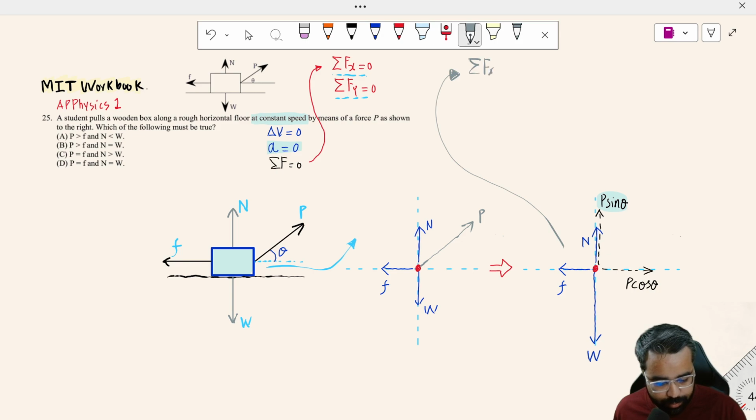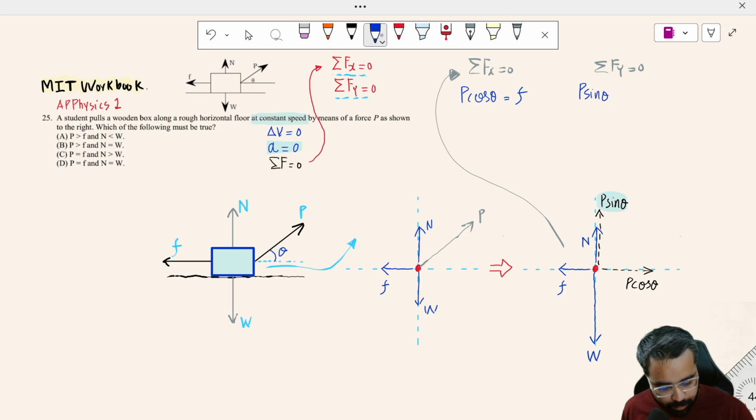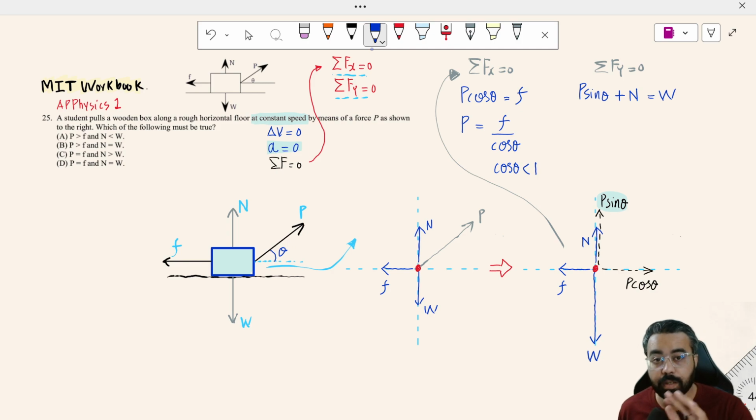The sum of all forces along the x-axis is 0, which means that P cos theta equals the force F, whereas the upward forces, P sine theta plus normal force, equal W. Now if I take the cos theta to the other side, we get F over cos theta, and dear students, you know that cos theta will always be less than 1, because this angle theta is not 0.